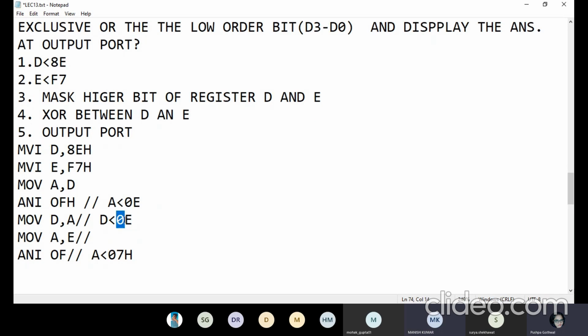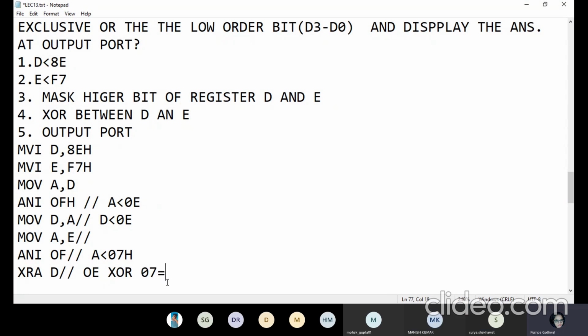Now you have to perform the XOR operation between these two. So what instruction do I have to write? XRA D. Because A contains the value of E, you are indirectly doing an XOR between these two. So 0EH XOR 07H.